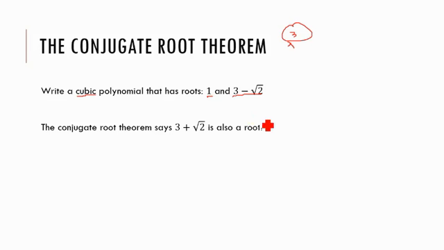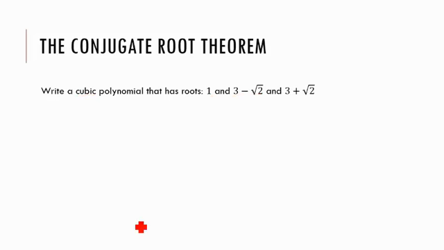Well, I only see 2 here. Using the conjugate root theorem, I can say that 3 plus the square root of 2 is also a root.